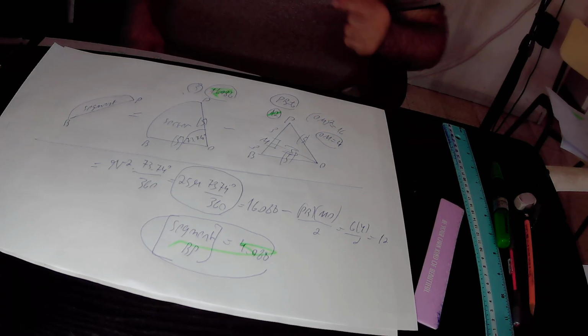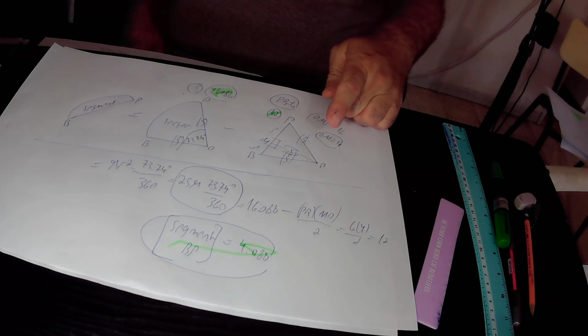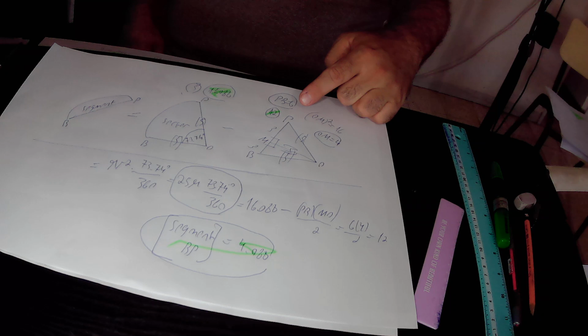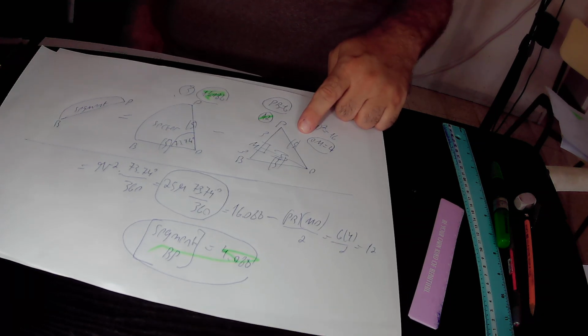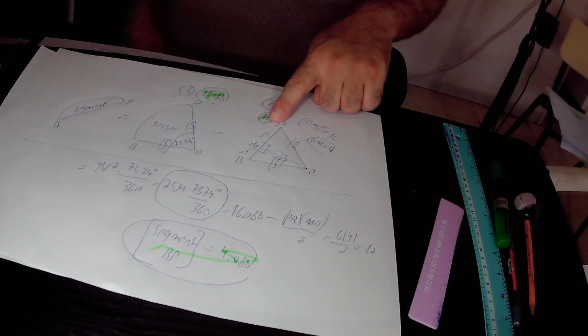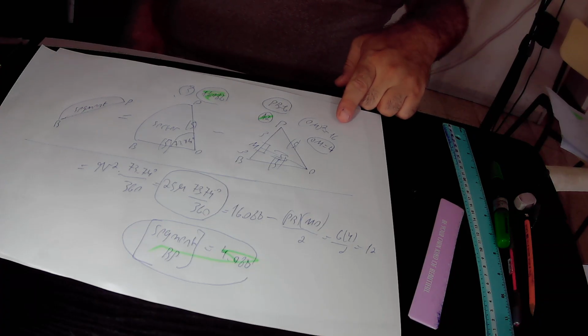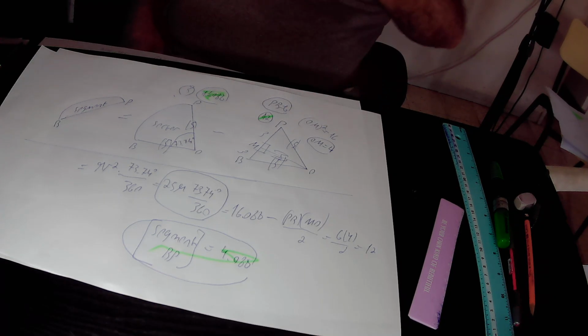OM, according to the Pythagorean theorem, is 4. Why is OM 4? Because in the right triangle PMO, 5 squared minus 3 squared, that is 16, equals OM squared. OM squared is 16, so OM equals 4 units in length.